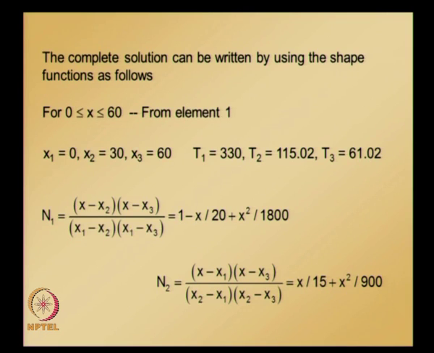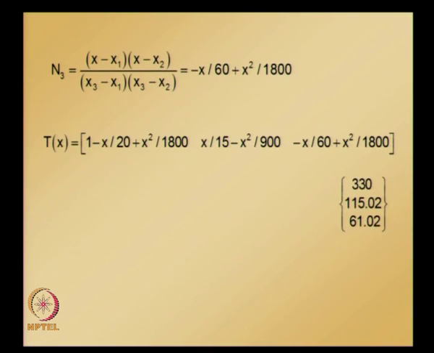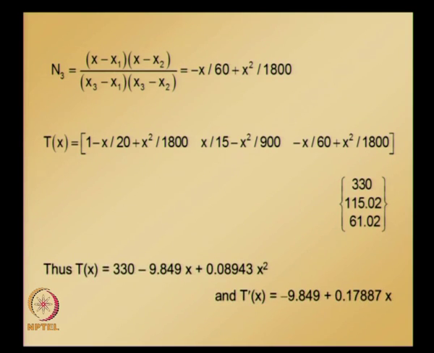So, using shape functions N1, N2, N3 and the coordinates of nodes, we can interpolate temperature inside element 1 using this equation, which can be further simplified, and also derivatives. T is a function of x, so we can take derivative of T with respect to x, that is also given there. So, this is for element 1.